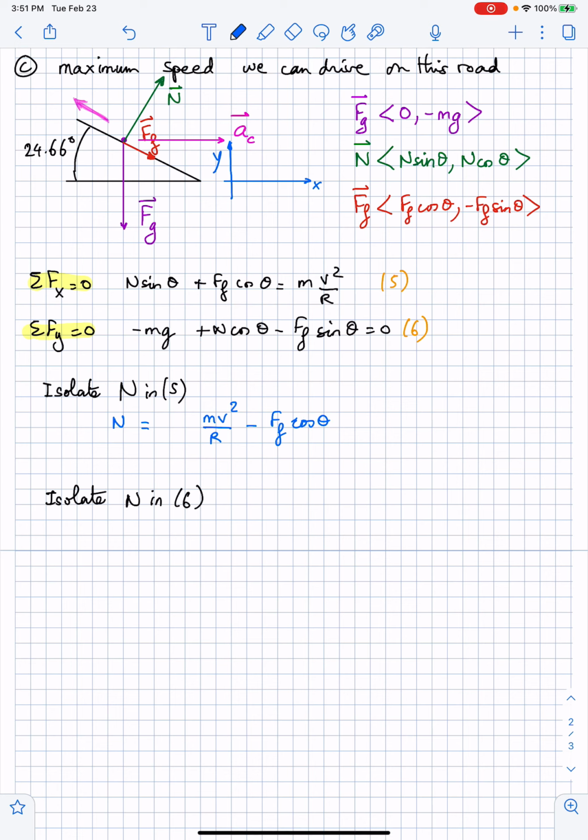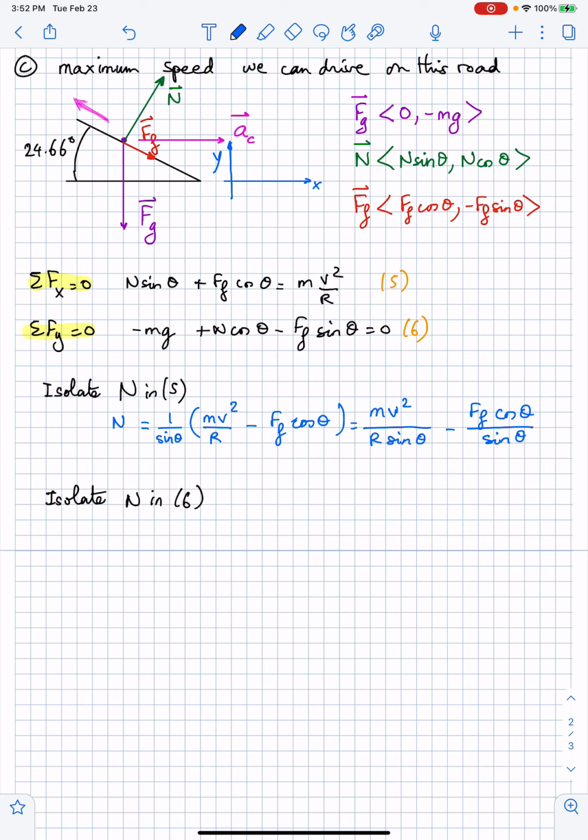Okay, that's n sine theta. So we need to divide all of this by sine theta. So I'm just going to put it right here for now. So that's going to give me mv squared over r sine theta minus the force of friction cosine theta over sine theta.